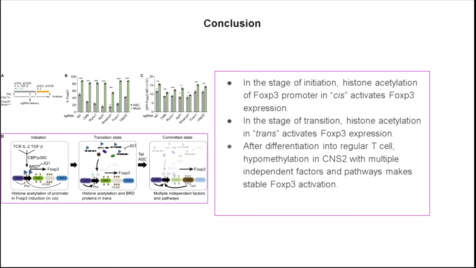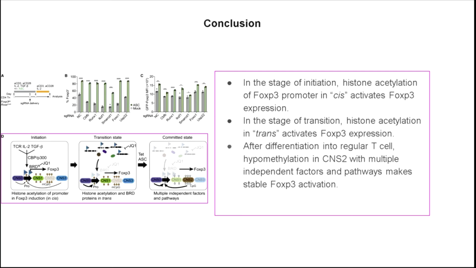This is the last slide, and it provides a brief summary figure. Taking this opportunity, I'd like to remind the slide which I introduced earlier. They revealed stage-specific epigenetic regulation governing iTreg cells.